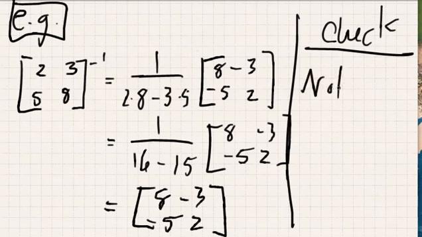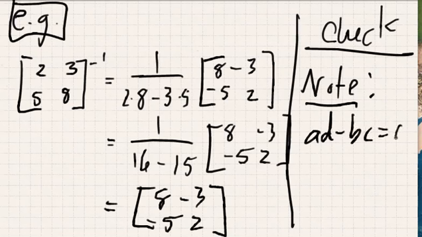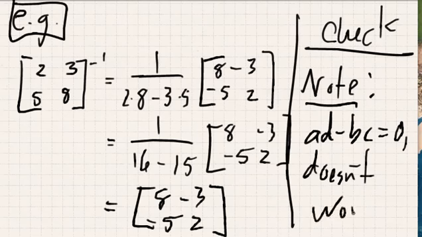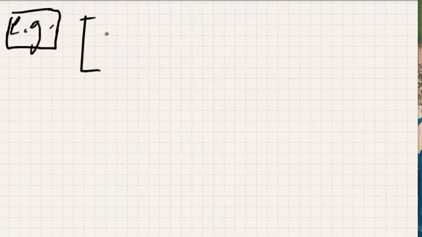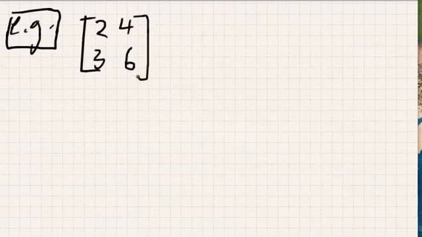So let's note, though, if AD minus BC is equal to 0, this doesn't work. So for example, if I had something like 2, 6, 4 and 3, something like this.